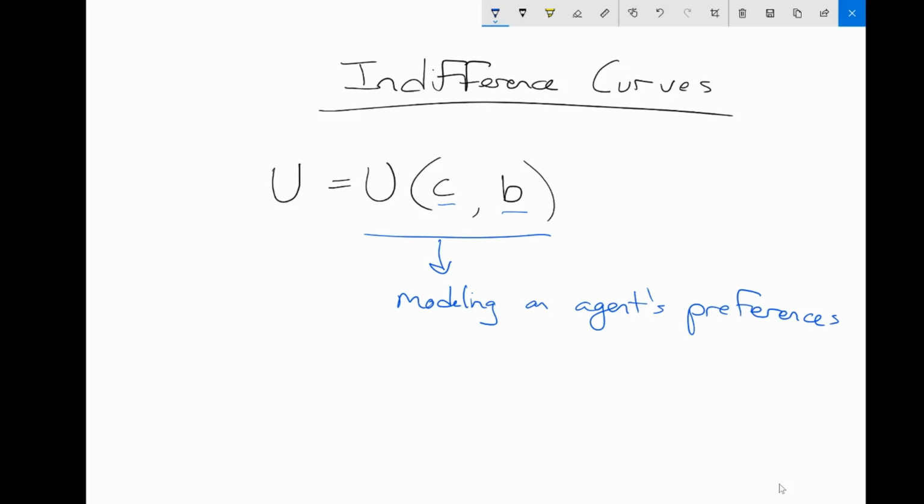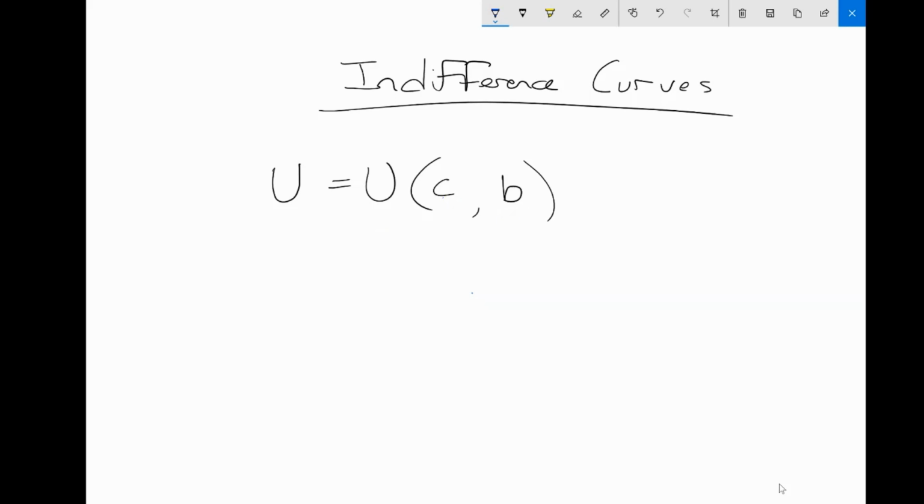So here is our utility function. It's a function of two different things, of coffee and of bagels. It tells us how much utility people derive from consumption of coffee and bagels.